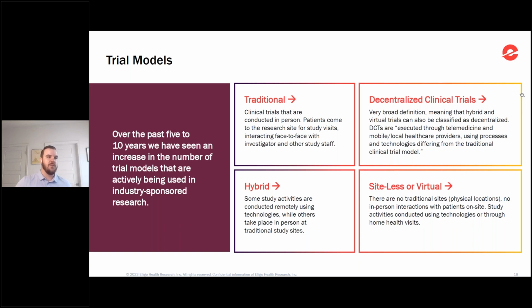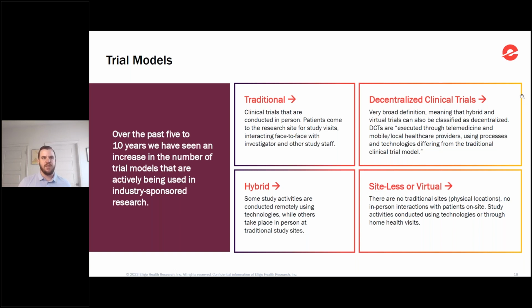And then the other bucket of trials we're seeing are decentralized trials. Why I say bucket is because decentralized trials, or DCTs, are a very broad term, right? Essentially, they can be a hybrid study, which we'll get into what that means, or a completely virtual trial, which we'll also explore in a little bit more detail.